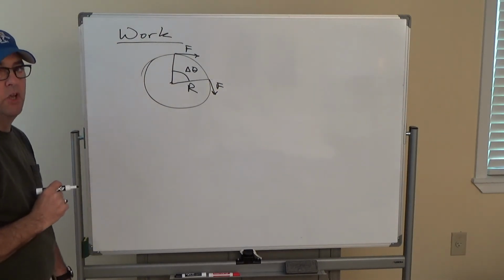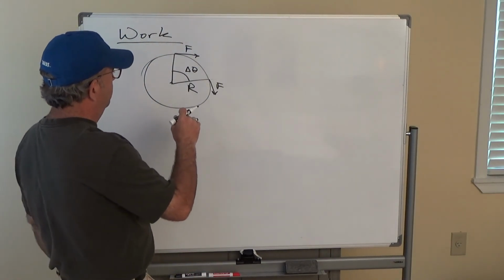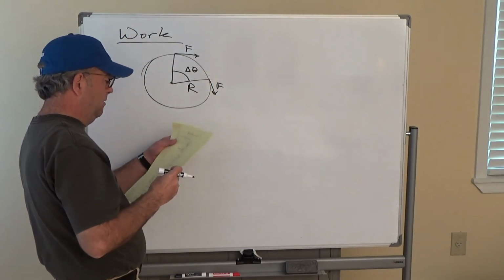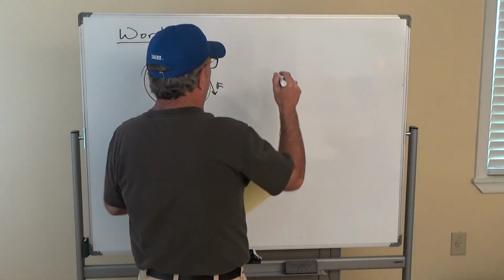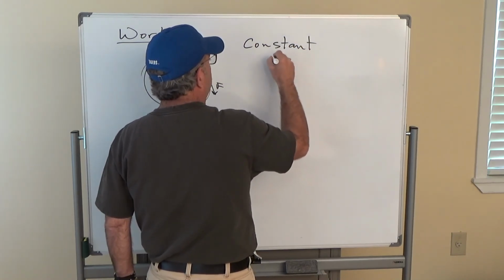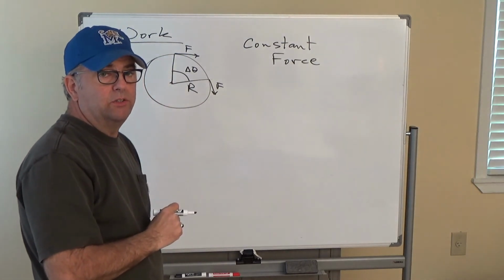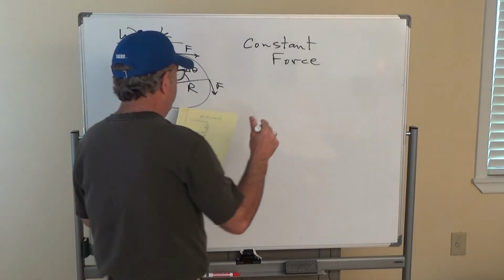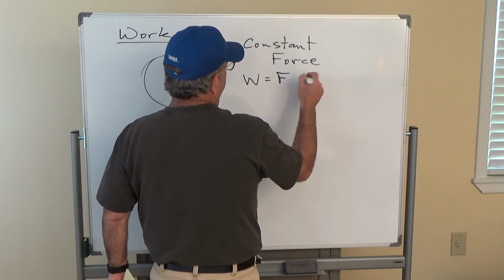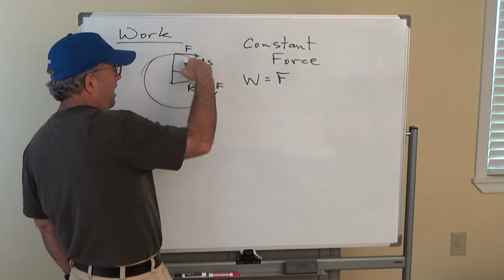This object has mass, it's a circular object, and you're applying a torque. We know that for a constant force, and when I say a constant force, I mean a constant magnitude force, the work is equal to F times this little length, delta S.